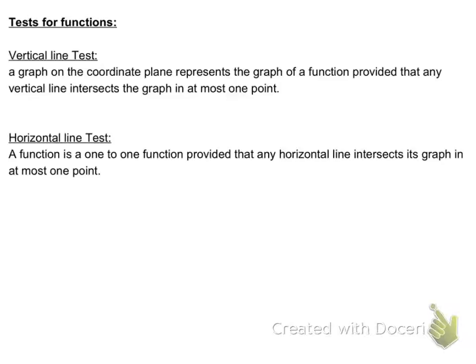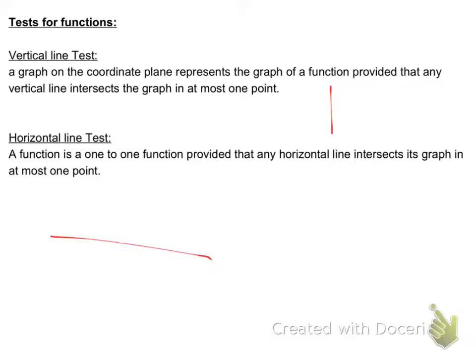The second one is that once I've tested it and said, hey, it's a function because I'm only hitting it once or less, we can do something called the horizontal line test. The horizontal line test says that a function is one-to-one if a horizontal line does the same thing, only hits the graph once or less. Remember, vertical is up and down.